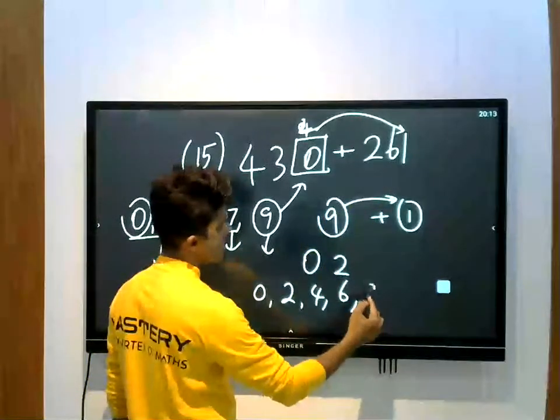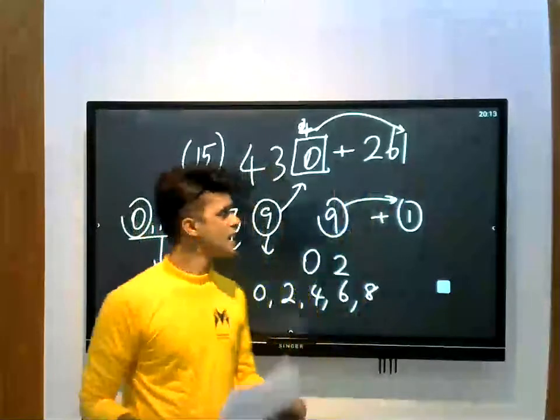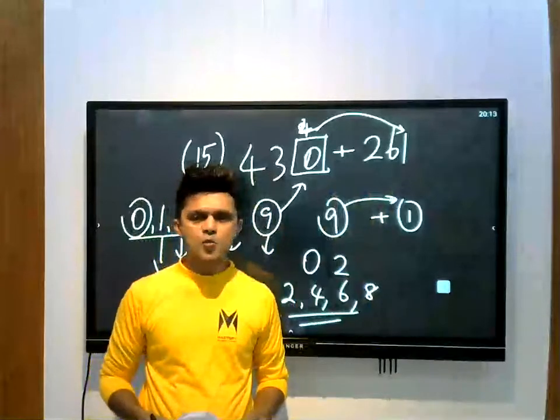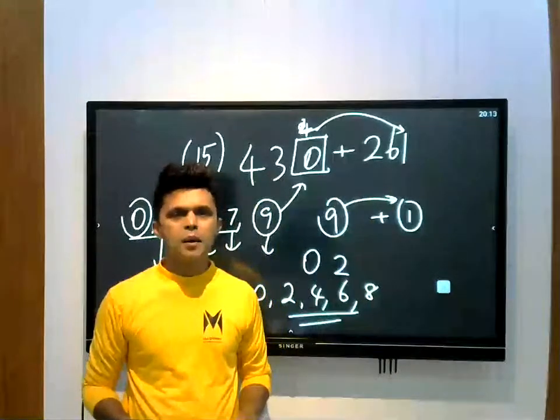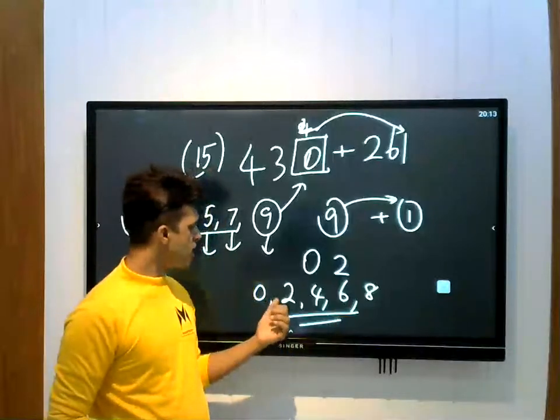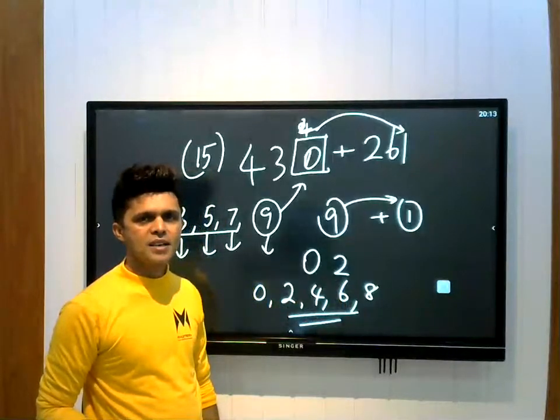Then 8 plus 1, 9. So 9 cannot be taken. These are the digits that we can consider to get the answer as an odd number. So the answer should be 0, 2, 4, 6, 8. These are the digits.